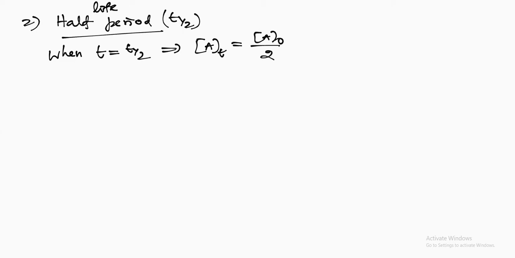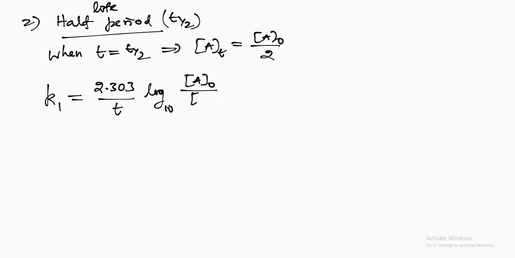Now let me go to the expression for rate constant. What's the expression for rate constant? K1 equal to 2.303 by t log base 10 initial concentration of the reactant by concentration of the reactant at time t. Students, observe carefully. Now in the place of t, I'll put T half.